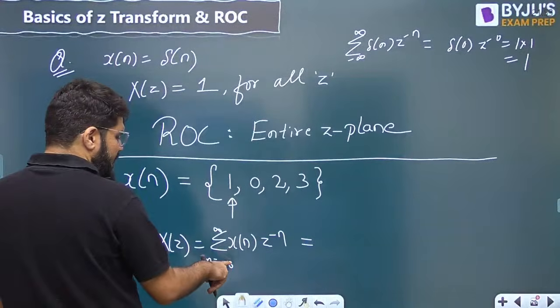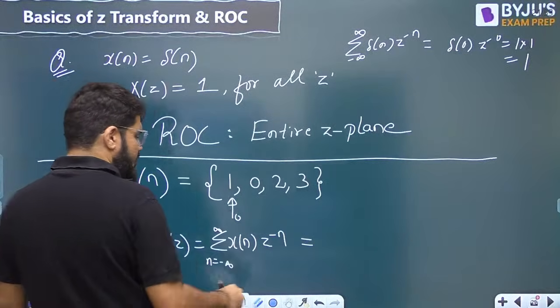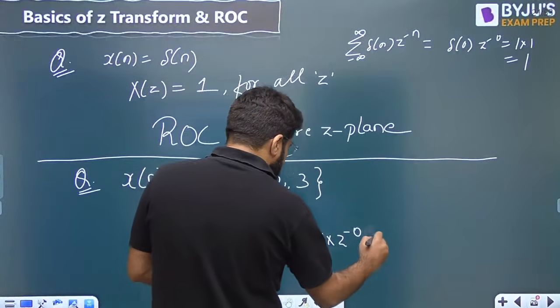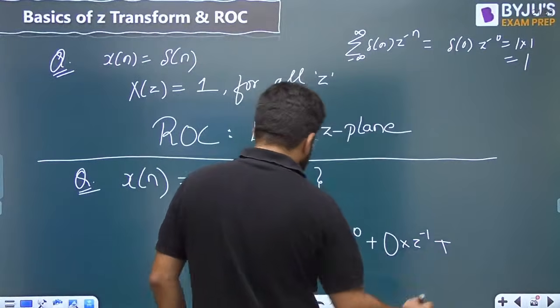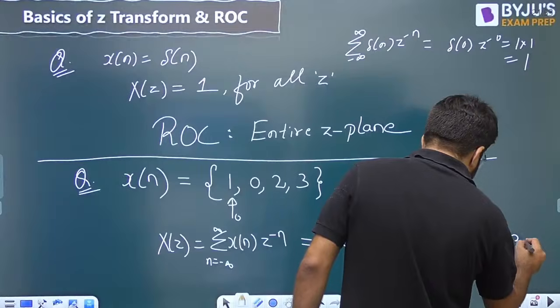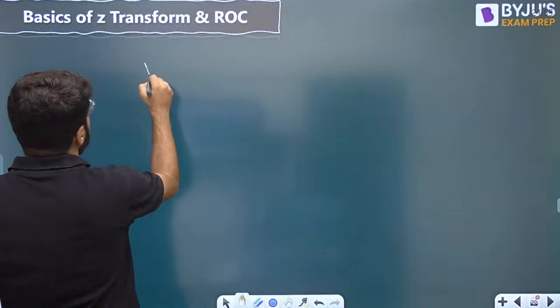So now see, first of all the summation will start from n equal to 0 actually, because the signal is starting from n equal to 0. Signal value 1 z power minus 0 plus the signal value 0 z power minus 1. This Z series will continue. Signal value 2 z power minus 2. Signal value 3 z power minus 3. So what is the Z transform eventually?